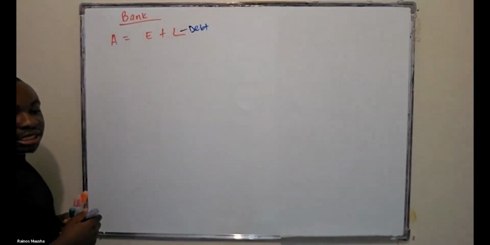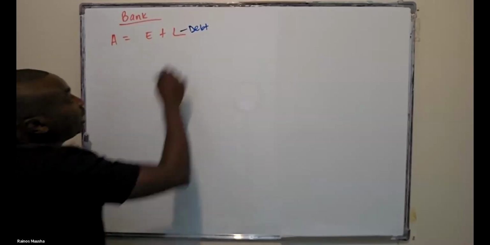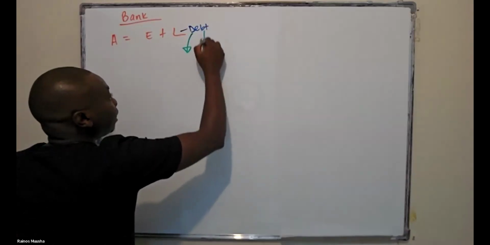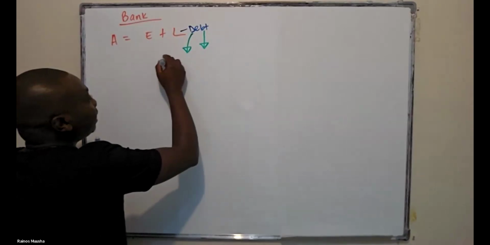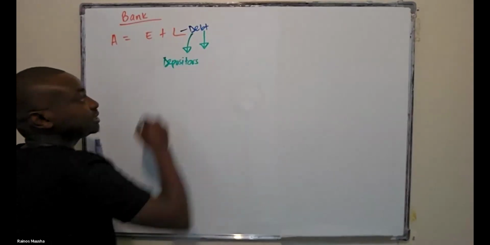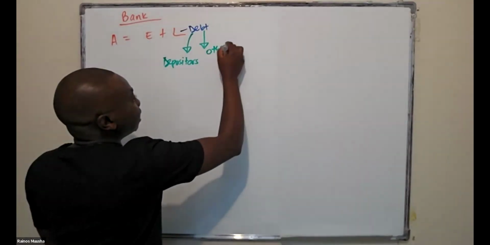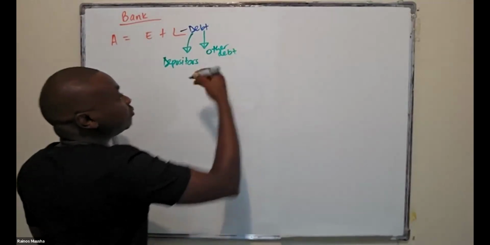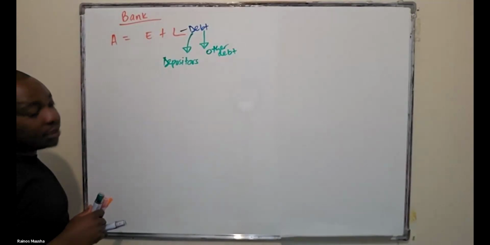So it's basically debt financing. And the debt financing for a bank usually emanates from two sources. Money that is deposited into the bank by depositors, and any other source of debt where the bank would have borrowed money from other different sources as well.